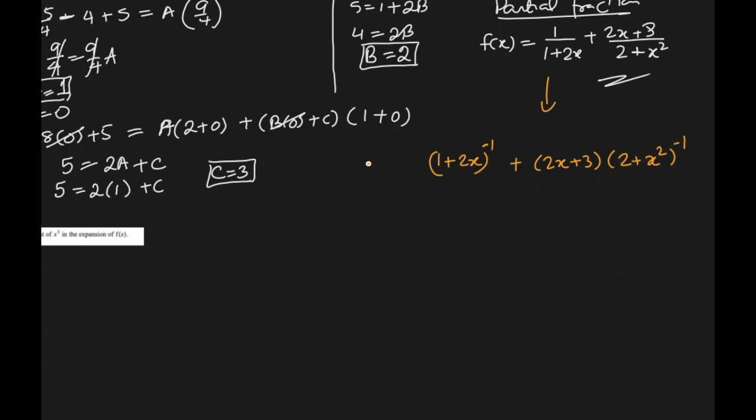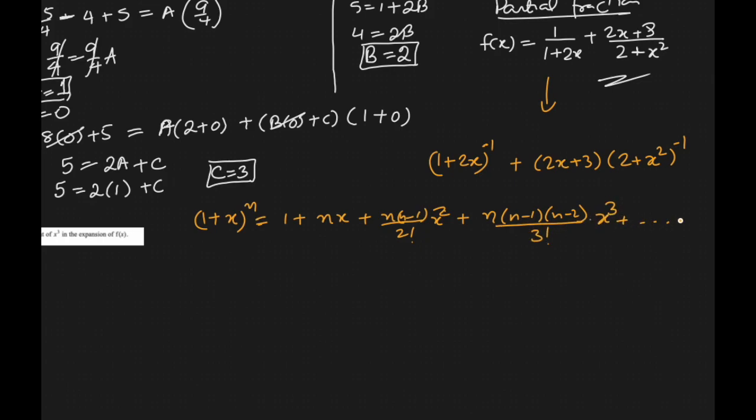Okay. If you know your formula for binomial expansion, it is 1 plus x to the power n equal to 1 plus nx plus n(n minus 1) over 2 factorial x square plus n(n minus 1)(n minus 2) over 3 factorial x cube plus, and so on.